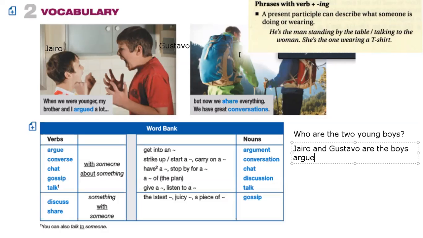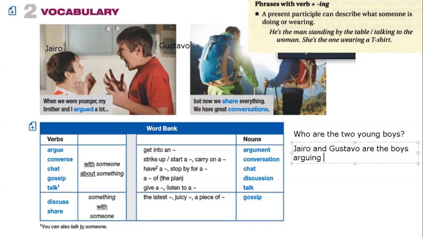What are the verbs in ing form? Standing, talking, and wearing. So here we have the verbs in this page: argue, converse, chat, gossip, talk, discuss, and share. So now, according to the picture, they are arguing. So Jairo and Gustavo are the boys arguing, ing form.